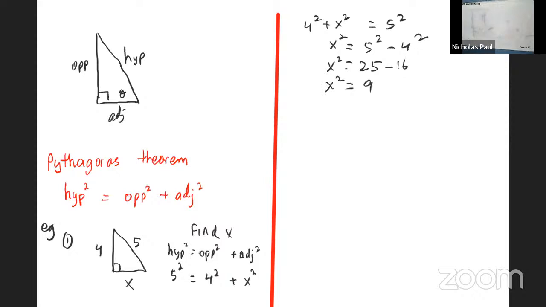When you carry across squared, what do you get? So x is the square root of 9, which is 3. Remember, the square root of 9 is plus 3 and minus 3, but we don't need the minus because that's not valid here. So therefore, x is 3.